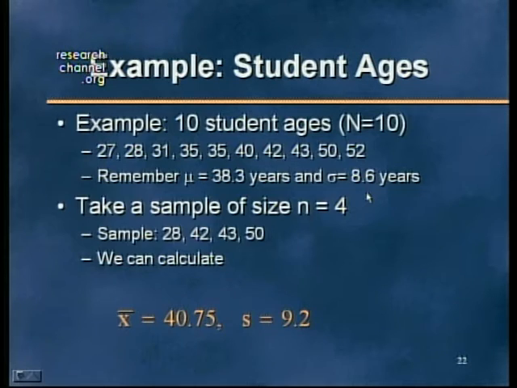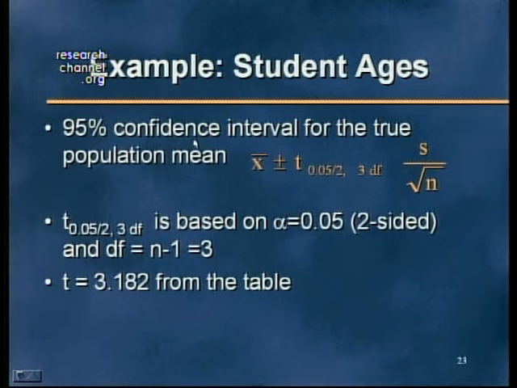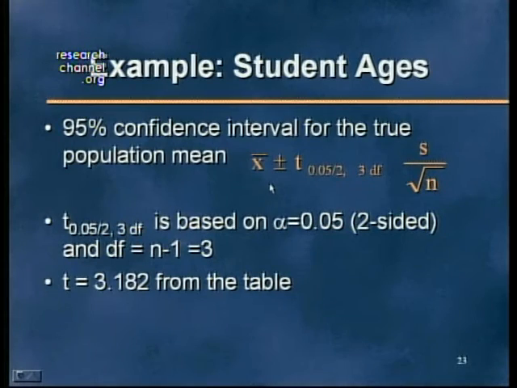So the confidence interval is going to be based on taking the mean plus or minus the t value that we get that looks at 0.05 split in 2 tails of the distribution, but with n minus 1, or 3 degrees of freedom, times s over the square root of n. We would look in the table that's in the appendix in the book, and we would see that when n minus 1 is 3 degrees of freedom, the corresponding t, where we have 0.05 split in 2 tails of the distribution, is 3.182.